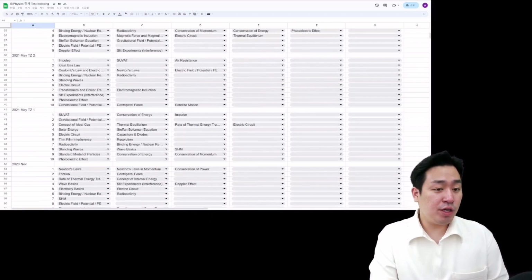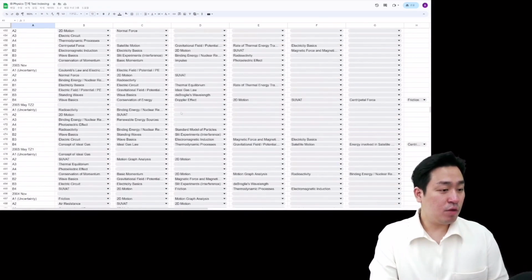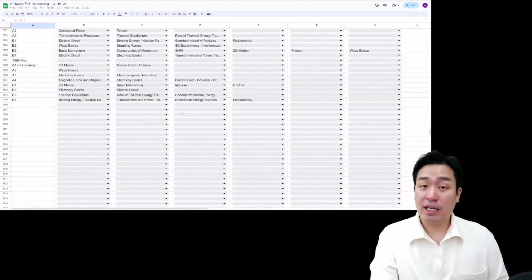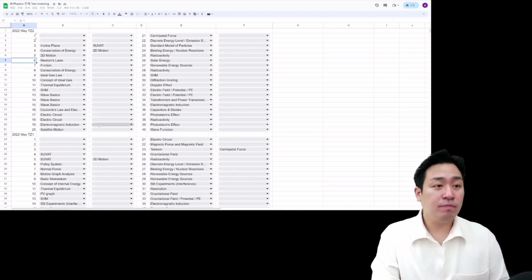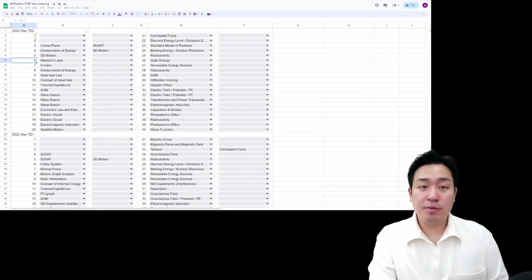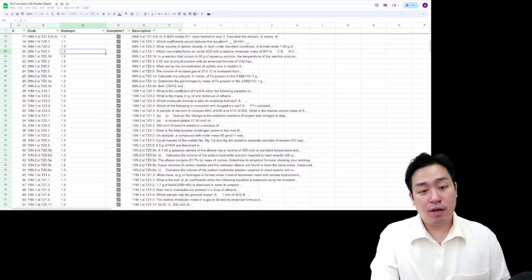Now what we do is we index every single question like this all the way down to year 1999. Okay? And I do the same thing for paper 1 as well. And it's pretty much the same story for our other science subjects as well. Chemistry is done in a little different format, but it's the same logic.